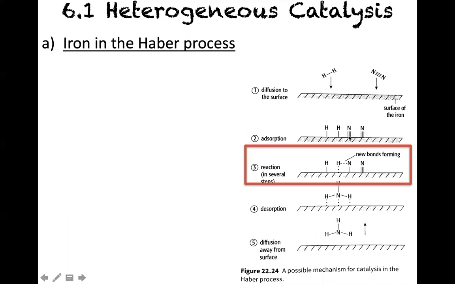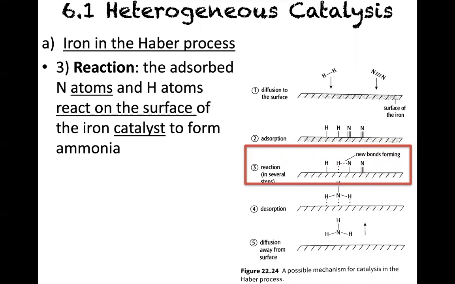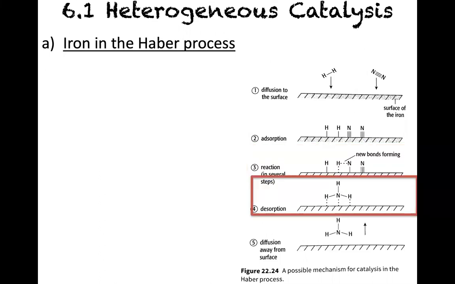Instead, they form a bond with the catalyst, but this bond must not be a strong bond, because if it's a strong bond, then it's difficult to break it later to release the products. So this is where the reaction is happening. The nitrogen atoms and the hydrogen atoms combine together. They form new bonds whilst they are attached onto the surface of the iron.